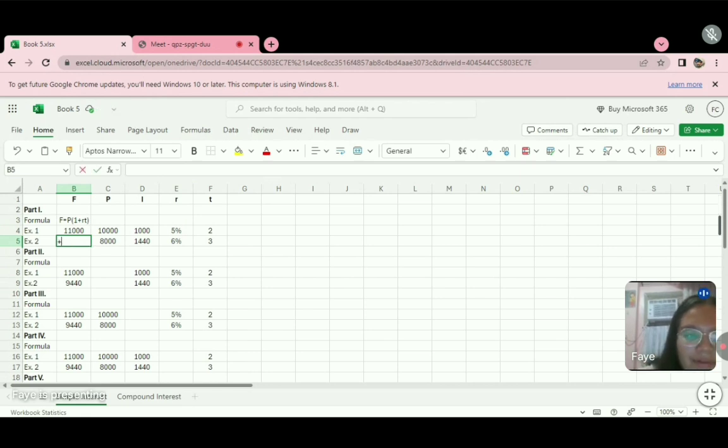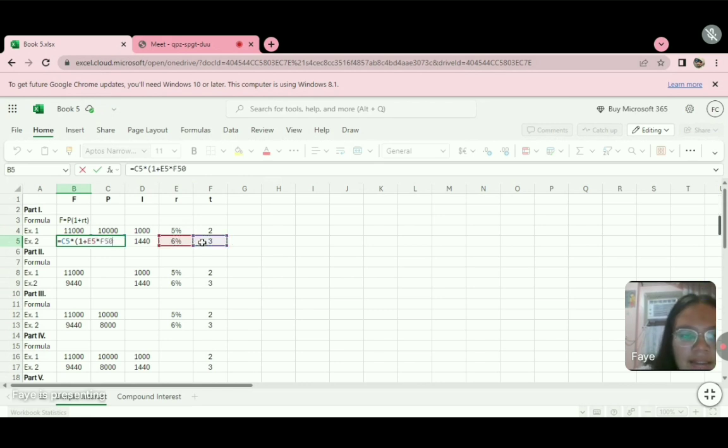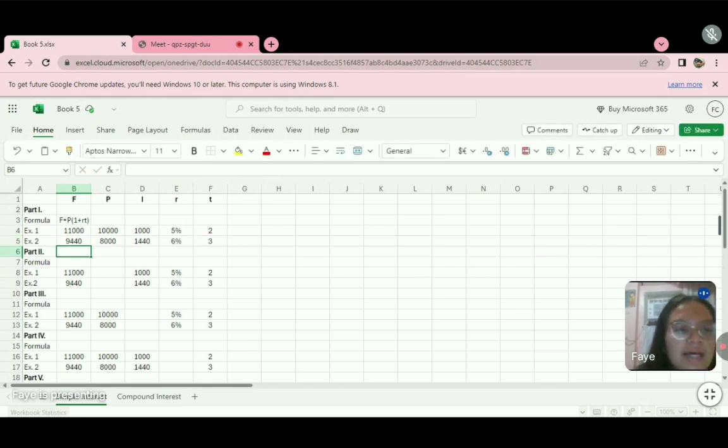Next, for example 2, F is equal to P, which is 8,000, multiplied by quantity 1 plus R multiplied by T, which is equal to 9,440.